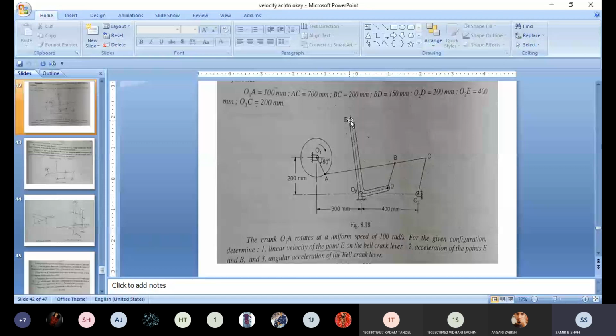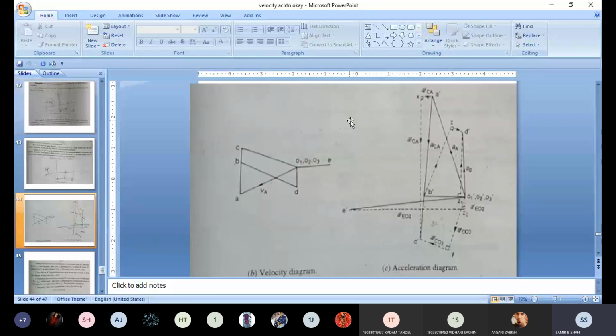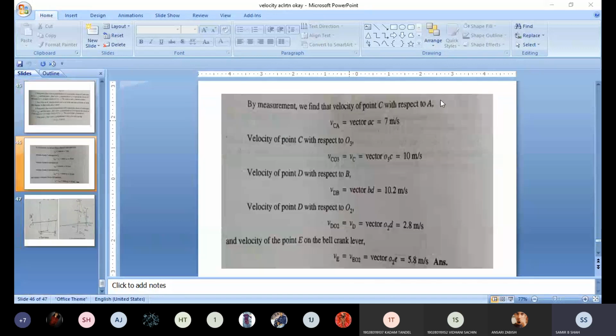We know that the angular acceleration for the bell crank lever is alpha equal to the tangential part of DO2 divided by O2D. We know very well that alpha is equal to the tangential part of DO2 divided by DO2.